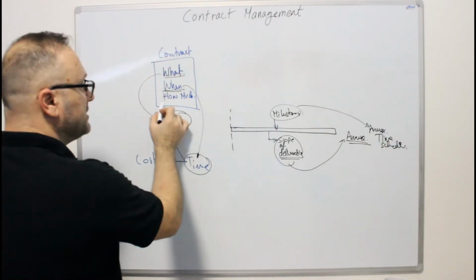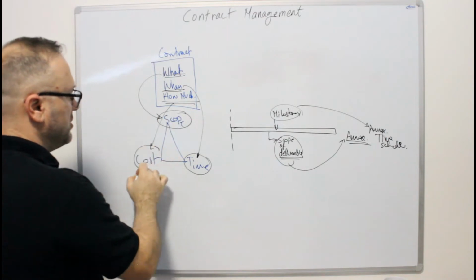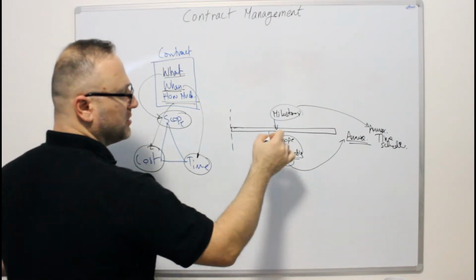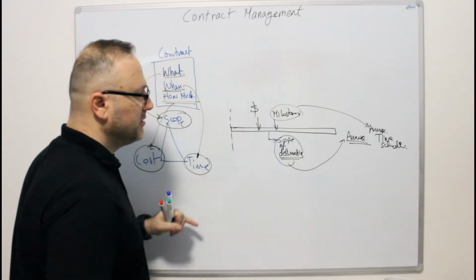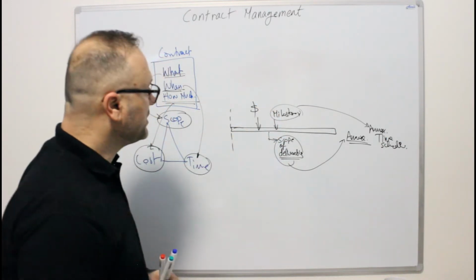The other part is the how much, which is the cost, and the cost could be written here. This will be done with the total amount of the contract.